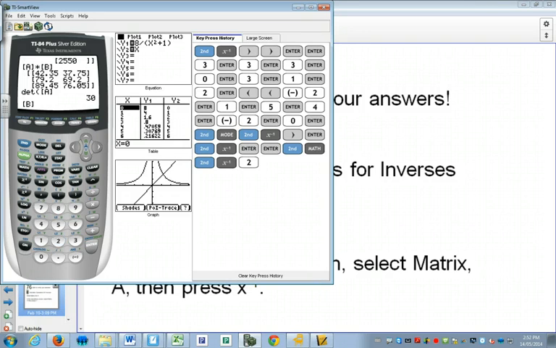Let's do that 2 by 2. Let's just look, it was 104, 80, 107, 103. Can you see where that one would not be the most fun one to do by hand? I mean, the determinant's just going to be a little bit nasty. 104 times 103, big number, minus 80 times 107.